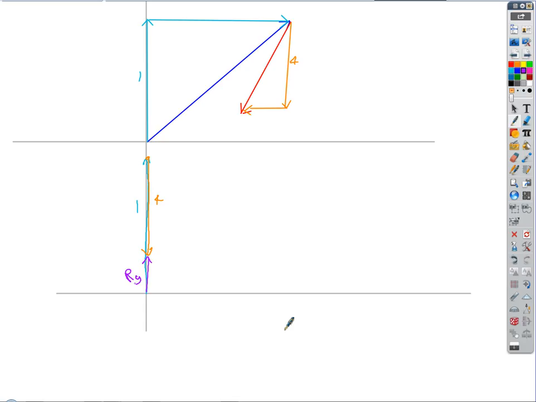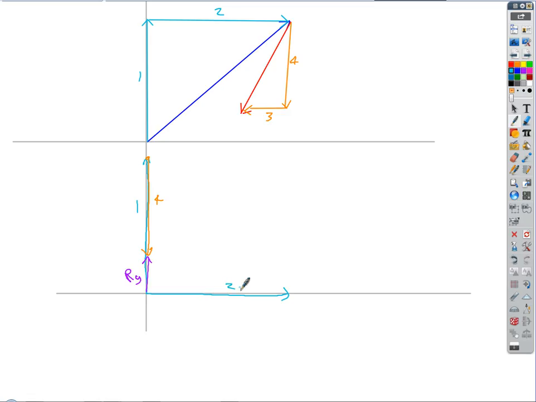Let's take the horizontal pieces. Let's call this one vector 2, and this one vector 3. If I add those up, I want to do it kind of separately, so let's do it from here. This one went over like so.